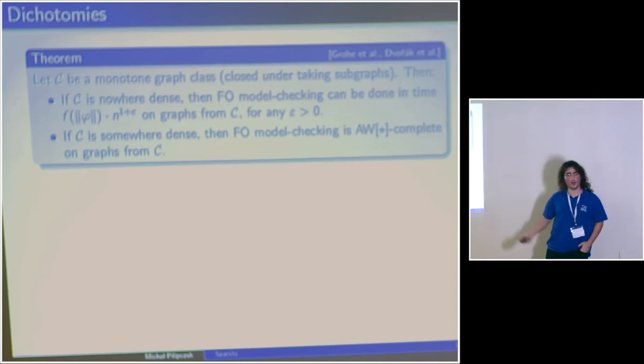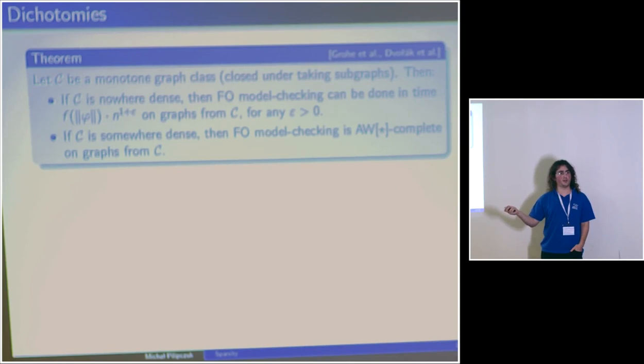If it is nowhere dense, then FO model checking is FPT with almost linear running time. However, if it is somewhere dense, then the problem is as hard as on general graphs.